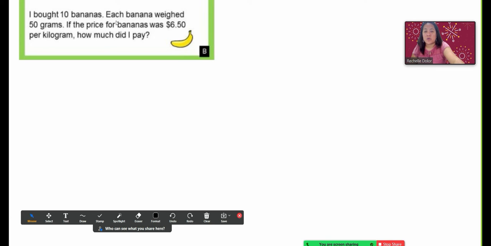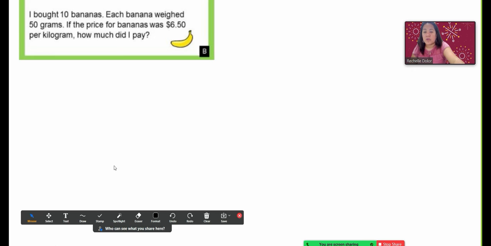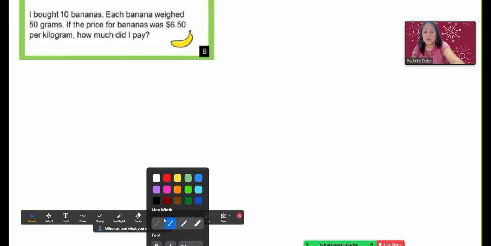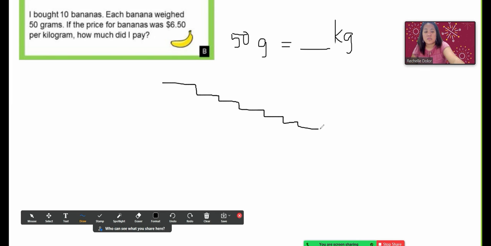So I need to convert the 50 grams into kilograms, right? So let's now solve that. I will write down 50 grams to make it kilogram. Okay, so let's now write down 1, 2, 3, 4, 5, 6, 7.